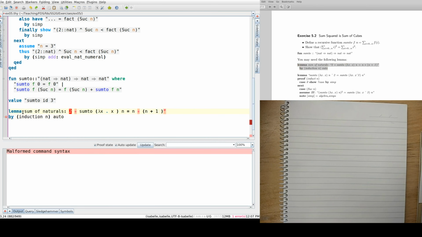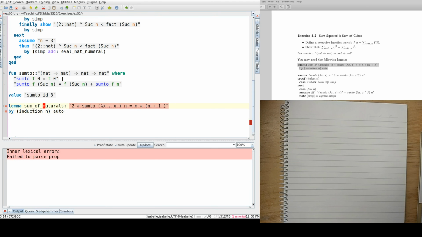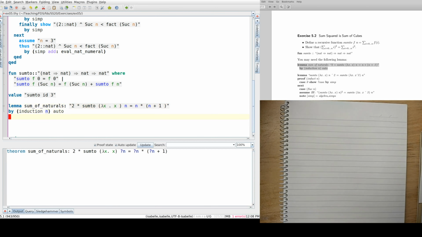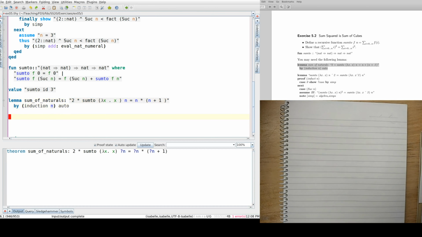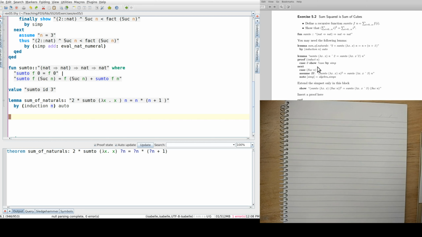I'm taking it as it is from the sheet, and you will see why when we're doing the proof. Squared is the lemma. Okay, so we need to prove this.